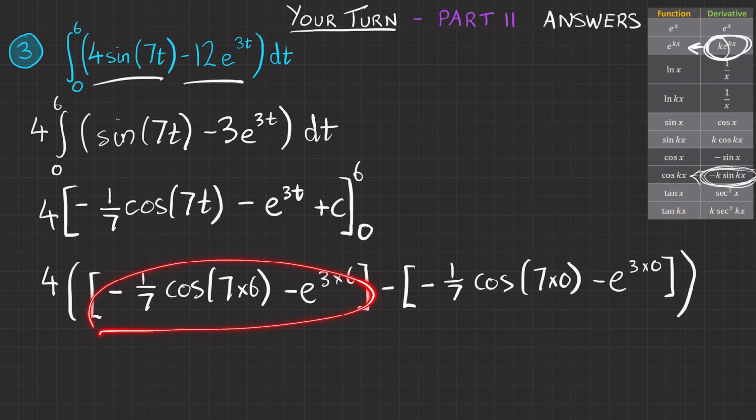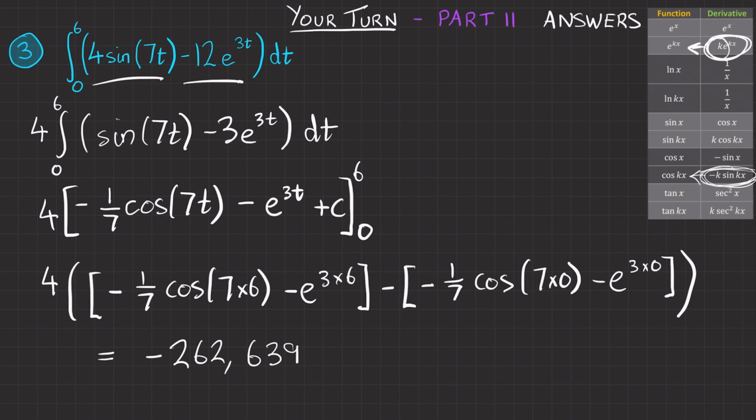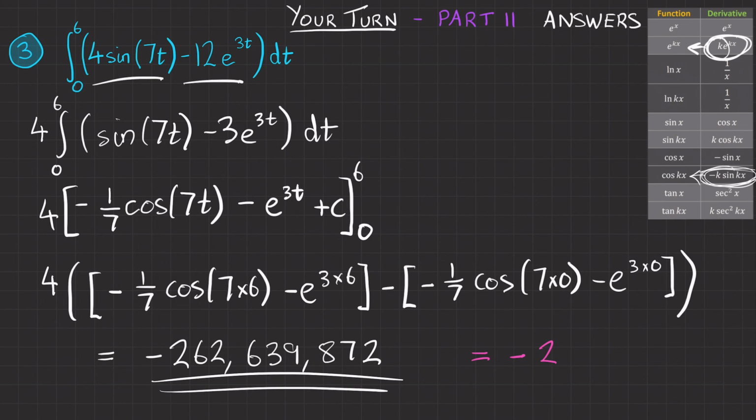Now I'm not going to work out all these individually because it'll be horrible. I'm just going to do all of this in one go. Enter it all into your calculator and you'll end up with minus 262,639,872 to the nearest integer. Or if it's to the nearest 3 significant figures, it will be minus 262 million.